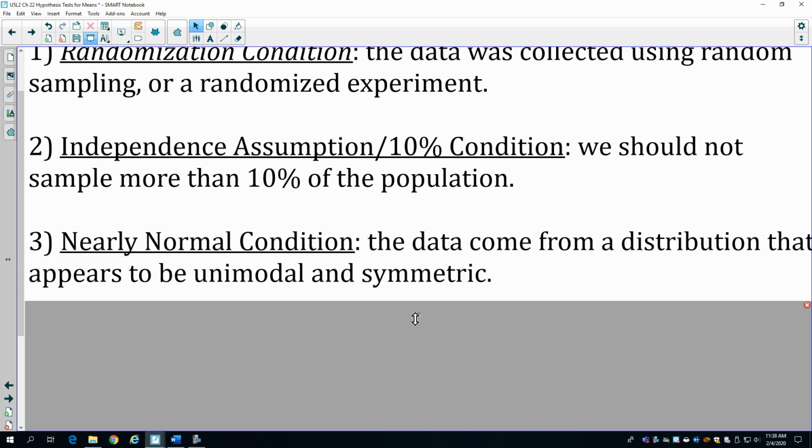And then we need our data to be nearly normal. We don't know if that sample was normal, but we do have 50 trips sampled, so we have a significant sample size, and we can move forward.